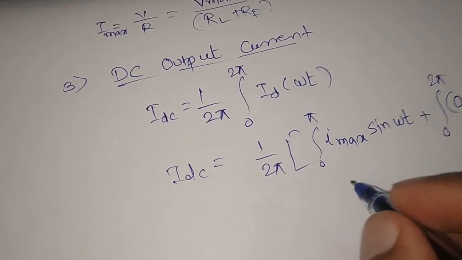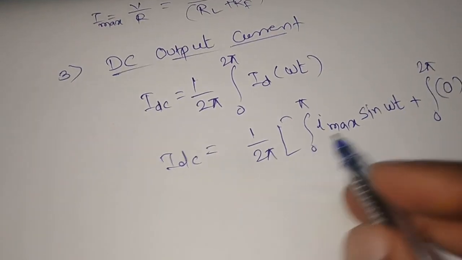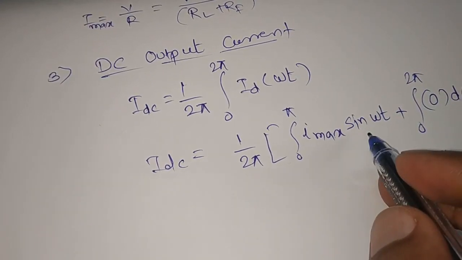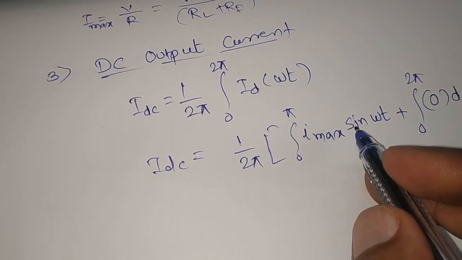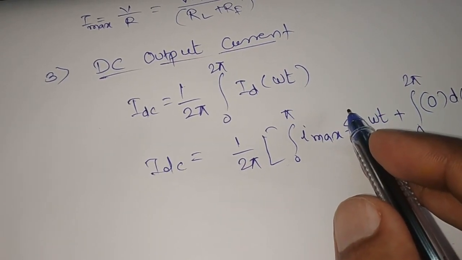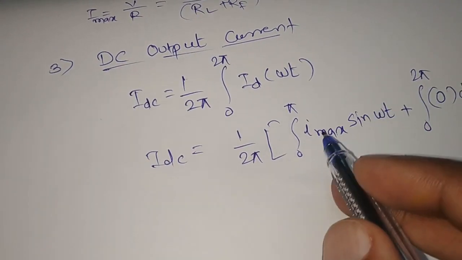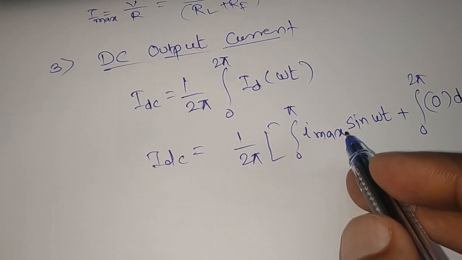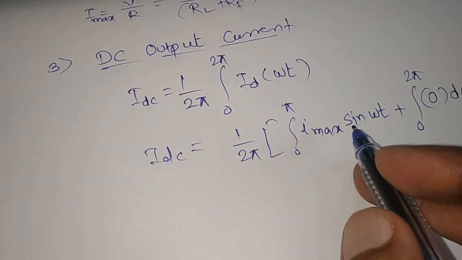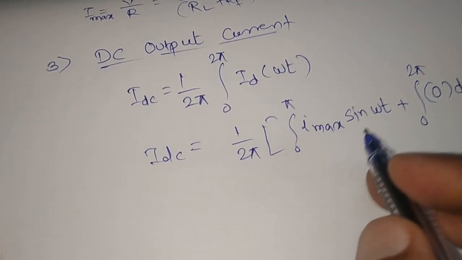So for remaining term, the integration for sine will be minus cos omega t. If we put the limit minus cos pi and minus cos 0, so it will be say minus 1 minus 1. So it will be 2 here.